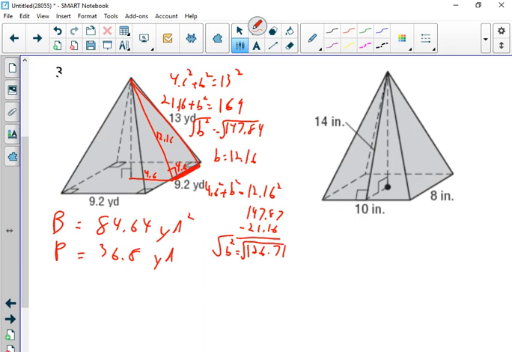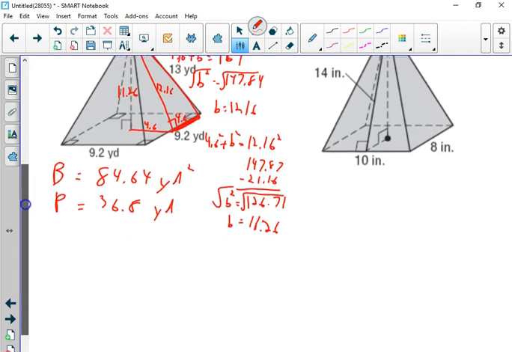Which gives us 11.26. So that's our real height. Now we have everything we need to solve the problem.